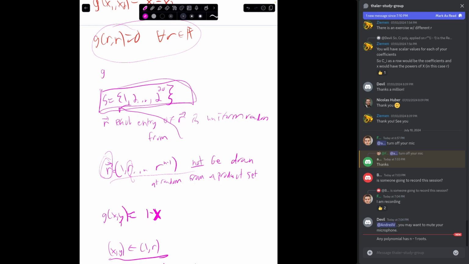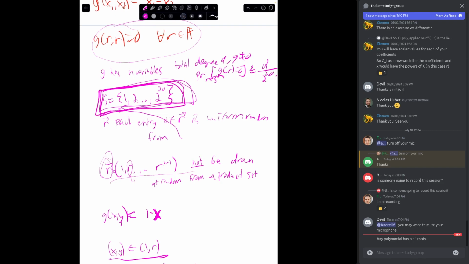If G has n variables for whatever n you care about, total degree D, then the probability, if you pick R from S to the n, say G is not the zero polynomial, that G of R equals 0 will be at most D over the size of the set, which is 2 to the 20.